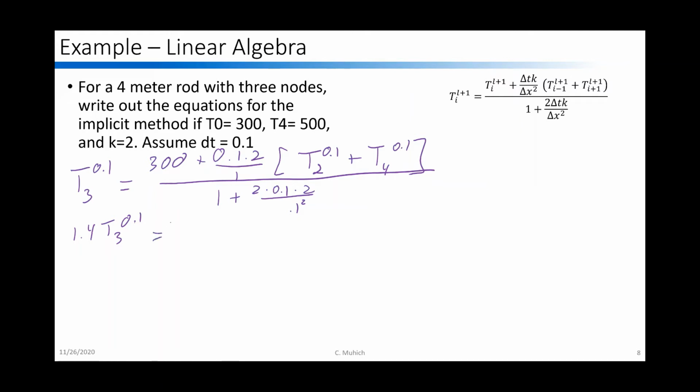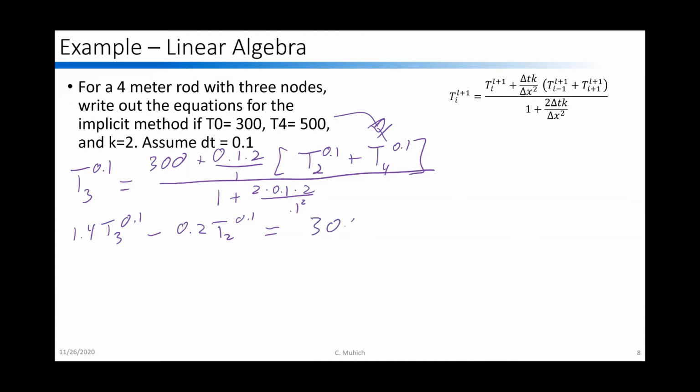1.4 T3 equals, now we need to pull over these two. So I don't need to pull over T4 because that's a known, but I do need to pull over T2. So we have minus 0.2 T2 at 0.1 equals now everything that's left over.